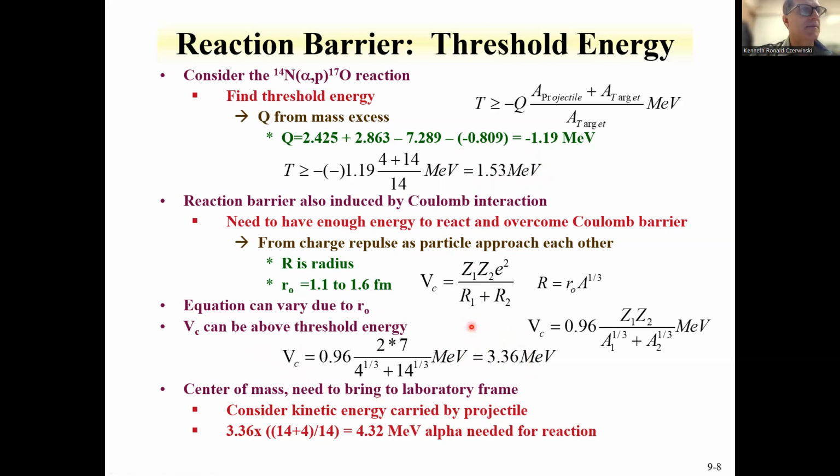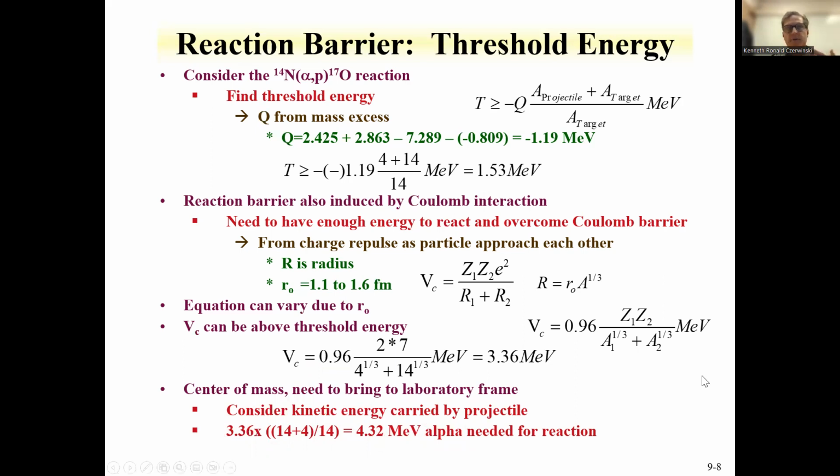I'm not including anything moving. So I've got to consider the kinetic energy being carried off by the projectile. So I take this value, and if you remember, it's target plus projectile divided by target, and I get 4.3 MeV needed for this reaction to occur.